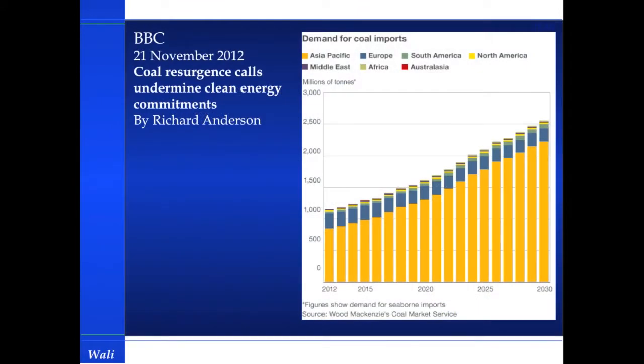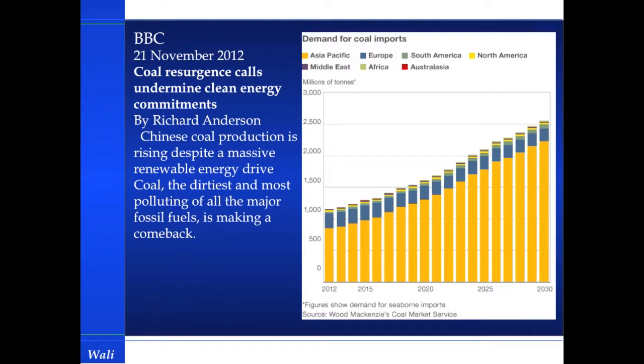Because if you look at this particular news item from BBC just last week, the coal mining is going to be increasing tremendously. There are going to be more and more areas that are going to be mined. And if you look at this, this is India and China and all the developing countries.